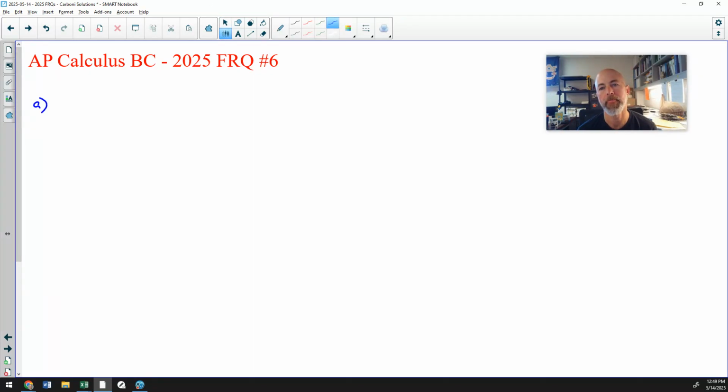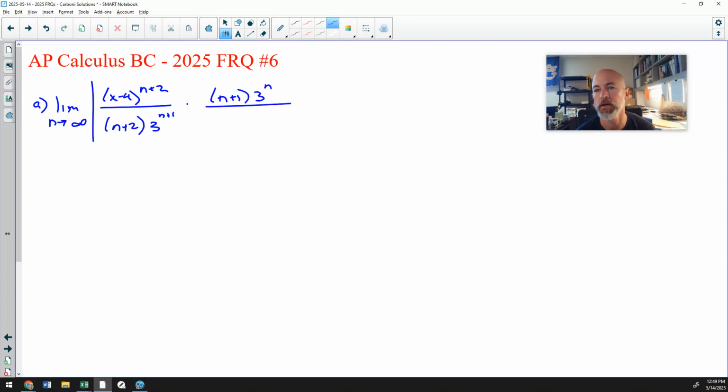Part A, interval of convergence. We need to do the limit as n goes to infinity of the n plus first term, that's x minus 4 to the n plus 1, and n plus 1 will be n plus 2 over n plus 2 times 3 to the n plus 1, times the reciprocal of the original, n plus 1 times 3 to the n all over x minus 4 to the n.